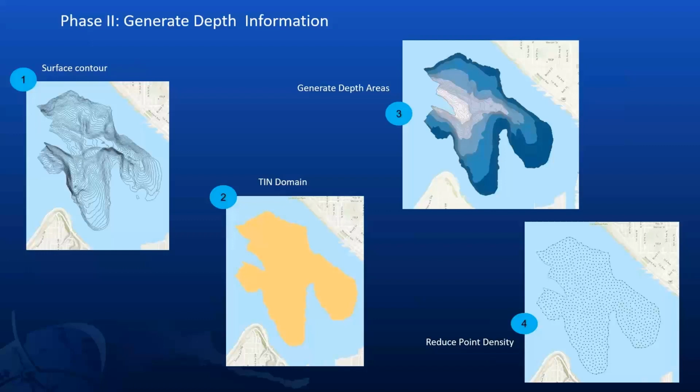But there are options to do ranges of sounding selection, so you can keep more soundings in shoaler areas and fewer soundings in deeper areas if you want to. You can also do a shallow and a deep bias sounding selection. You'll probably want to keep more shallow soundings, but later you might also want to do a pass and keep some of the deeps.